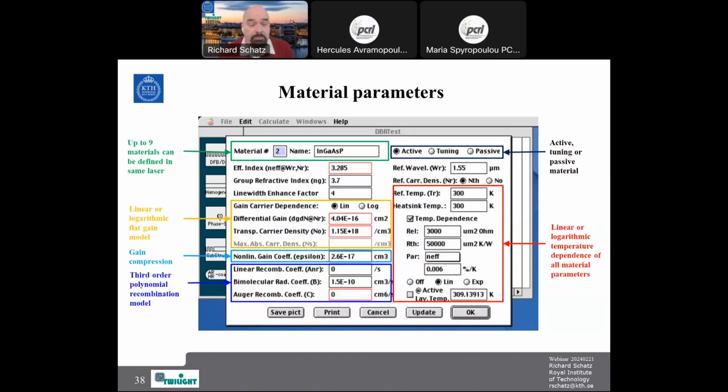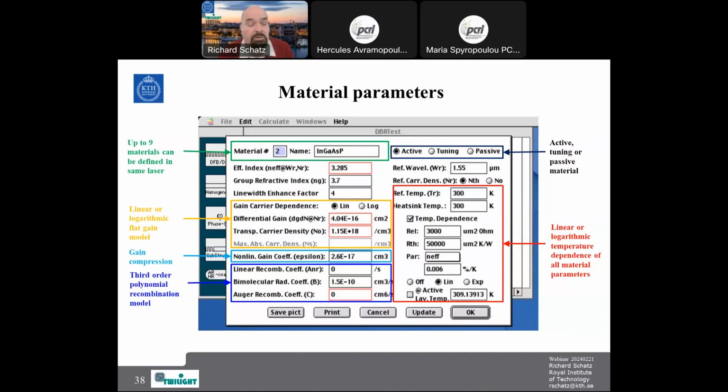Then you can define different materials in LaserMatrix. You can have up to 9 different materials in your device, and the material parameters are the normal material parameters you have in basic laser theory. So it's gain parameters. You can choose between linear gain or logarithmic gain. Linear gain is for bulk material.